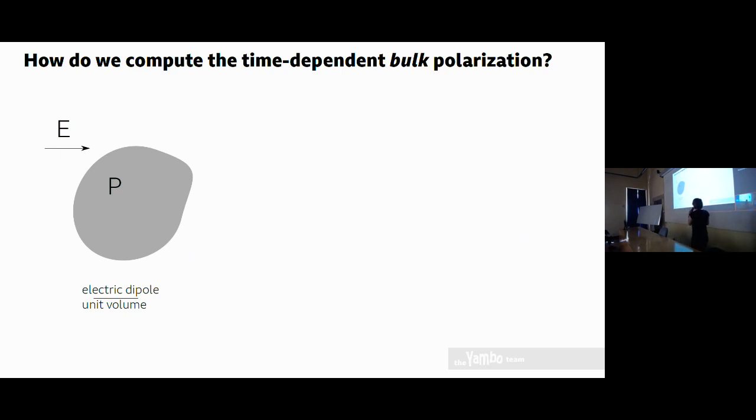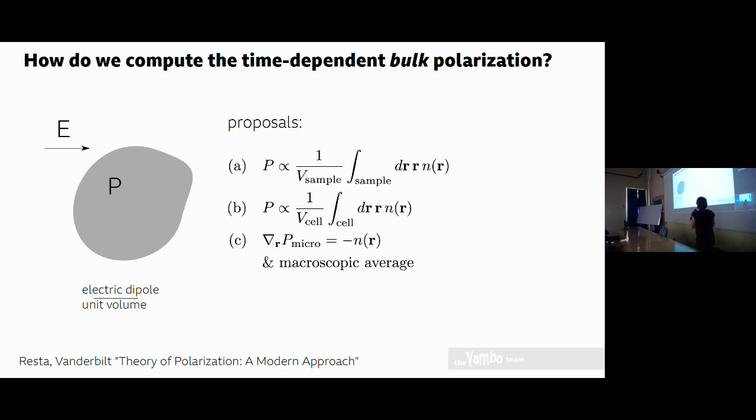The time-dependent polarization is defined as the electric dipole per unit volume. So suppose I have some macroscopic sample there. Here are some possible ways. Well, I have to take the electric dipole.